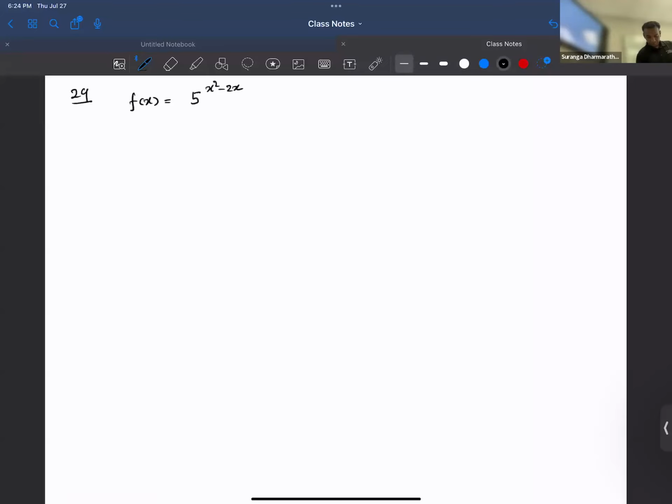How do I find f prime of x? Can you try this? Try to use what we have learned so far. Any answer?